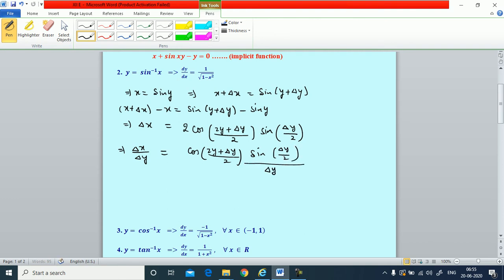So I am writing that here, and this 2 can be taken as the denominator of delta y. Now if I take reciprocal of both the sides and we assume that the change in x is extremely small, almost approaching 0, that will give us the derivative of y with respect to x.